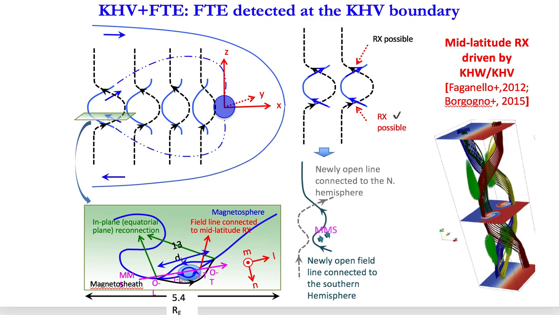We speculate that mid-latitude reconnection between the twisted field lines driven by Kelvin-Helmholtz vortices occurred below the MMS location, from which a strong northward jet might have emerged, as predicted by previous simulations. This event also demonstrates the necessity of cross-scale studies, including the out-of-plane directional physics.